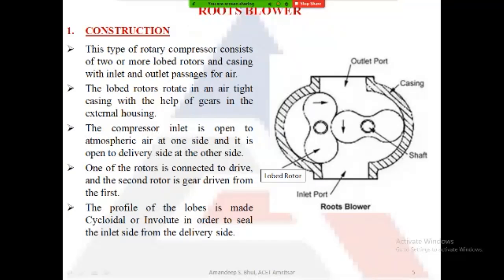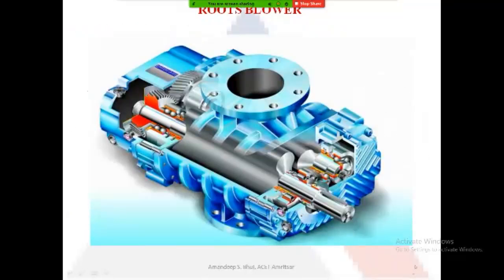This is the actual diagram, a 3D cut view section of a roots blower. Here you can see there are two lobes inside, and one of these lobes is connected with this shaft, and this shaft is connected to a motor.